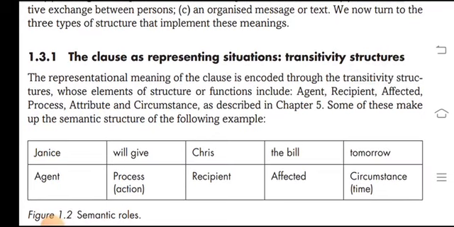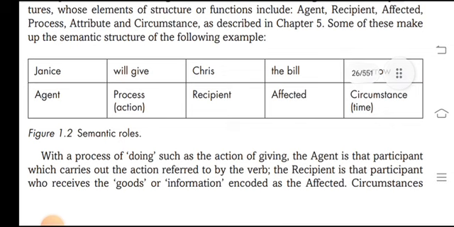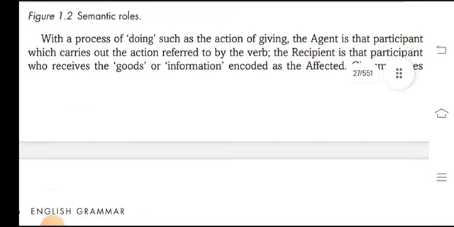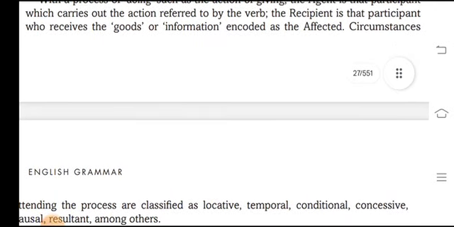The representational meanings of the clause are encoded through the transitivity structures. Those elements of structure, or functions, include the agent, recipient, affected, process, attributes, and circumstances, as described in chapter 5, some of which make up the semantic structure of the following example: agent, process, recipient, affected, circumstances. With a process of doing, such as the action of giving, the agent is the participant which carries out the action referred to by the verb, and the recipient is the participant who receives the goods or information encoded as the affected, and circumstances.